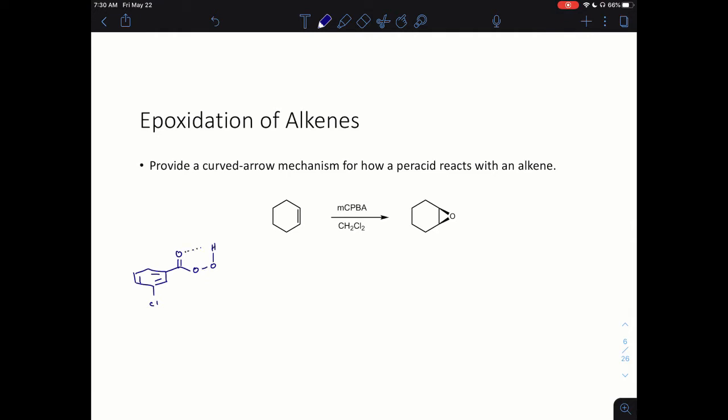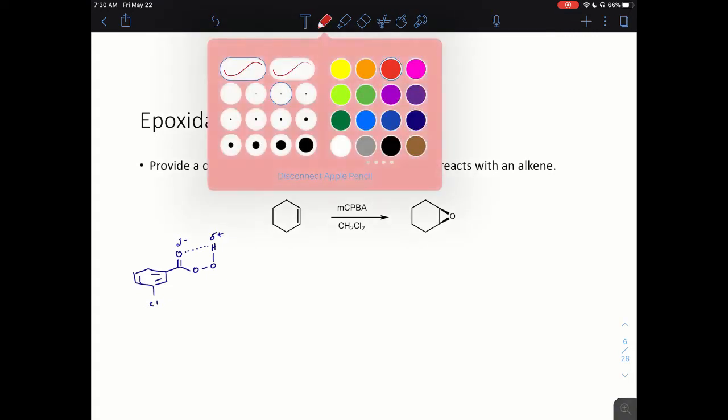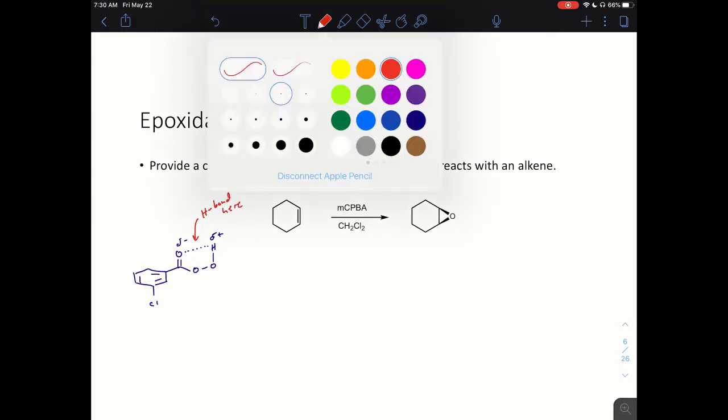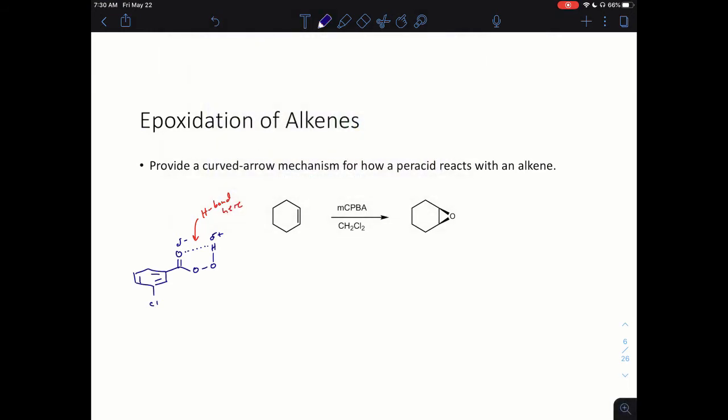And that's because there's this internal hydrogen bonding interaction between the partially negative oxygen of the carbonyl and the partially positive hydrogen atom. So there's a hydrogen bond here. Why does that matter? Well, you will soon see. So let's try to draw out the alkene in this 3-dimensional representation. This is always so fun.